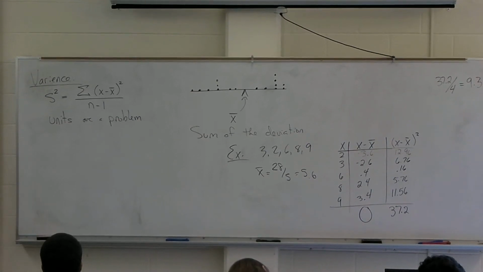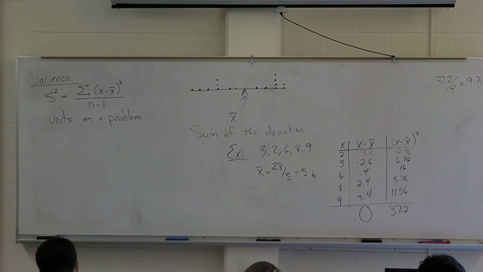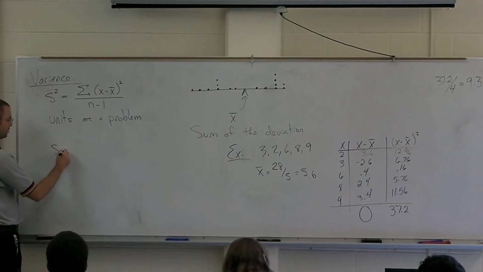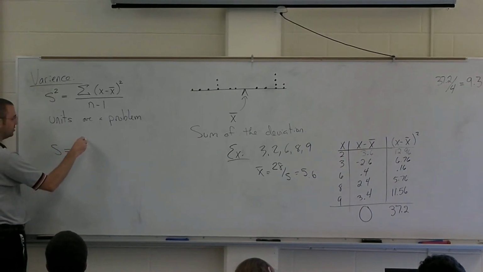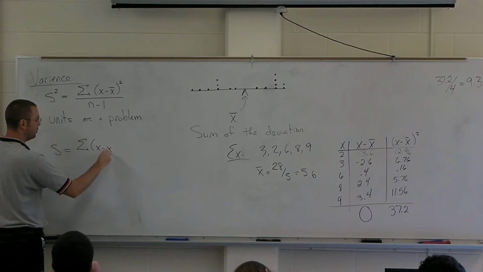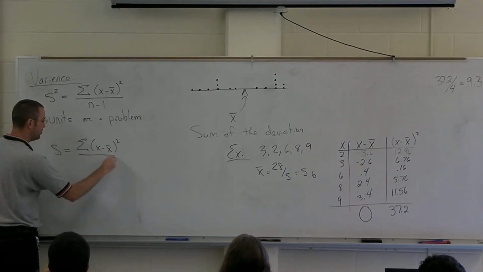Since the units here were a problem, they said, okay, let's try to fix that problem. To fix that problem, they said instead of talking about s squared, we'll talk about s. To get to s from s squared, you have to take the square root of both sides.